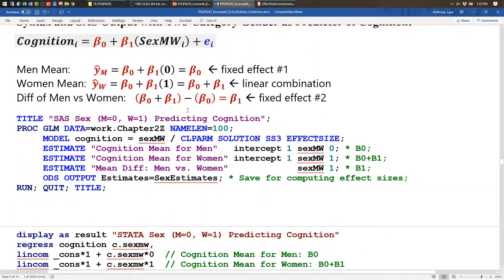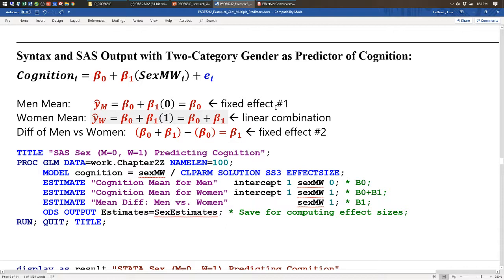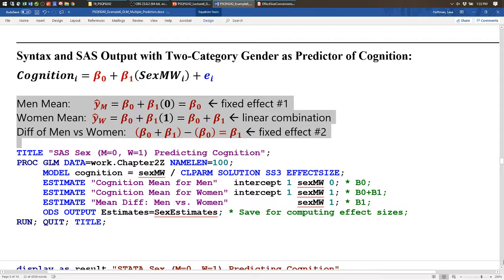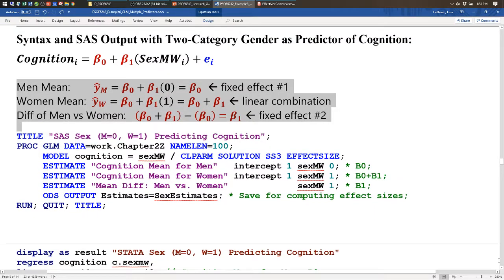Now gender. Looking at that all by itself, reminding you how to get linear combinations so that you can get predicted outcomes for any group. So men are the 0, women are the 1. So what you get from this model will be the intercept, which is always for the group coded 0.